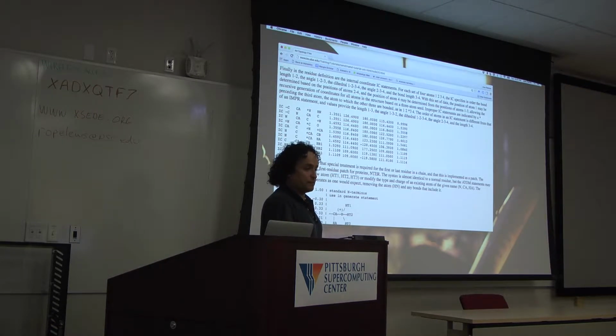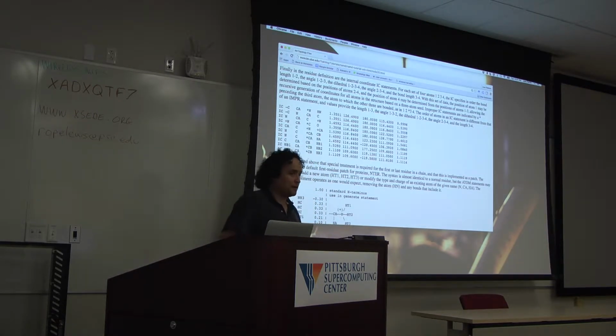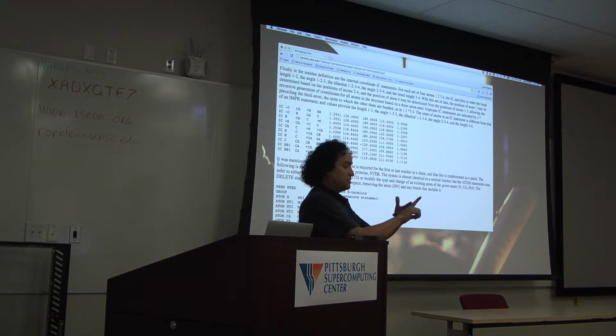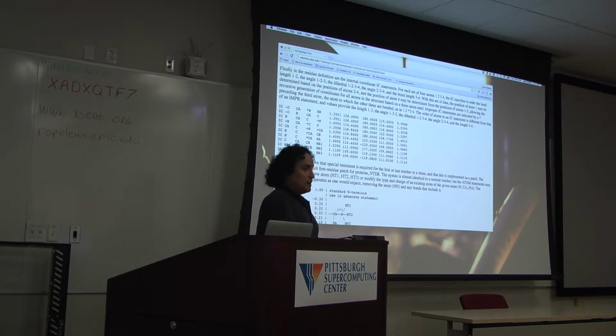Is that okay? So does that specify the relative location? Yes, they're just internal coordinates. And what are the units of those numbers? These depend; some of them are distances, some are angles, so you define distances and angles. The distances are in Angstroms.